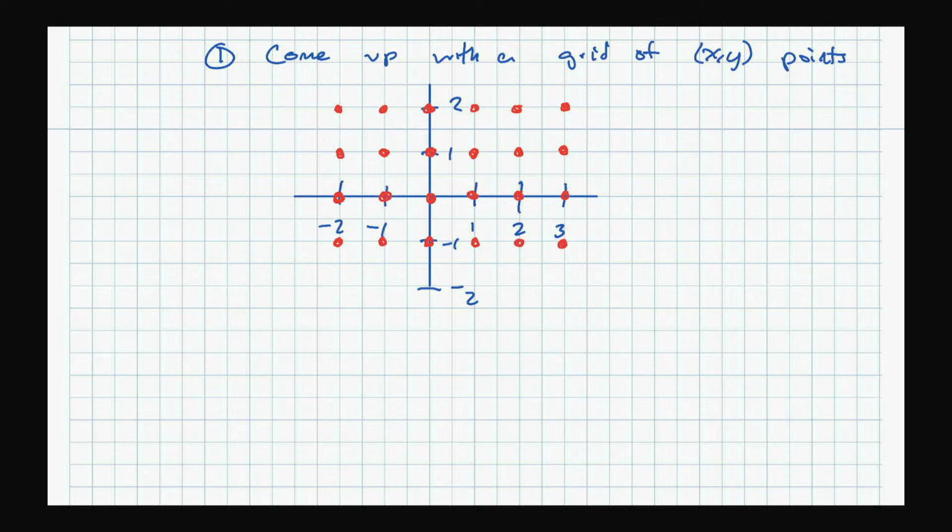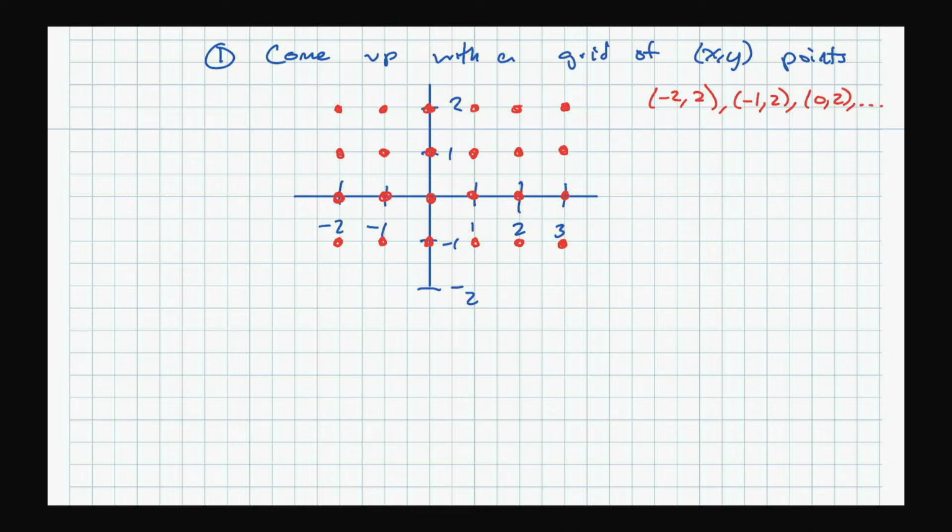So like we did, what did we do? So I plotted like -2, 2. That's this one up here, and then you can do all the ones at +2. So then you could do like -1, 2, 0, 2, dot dot dot.